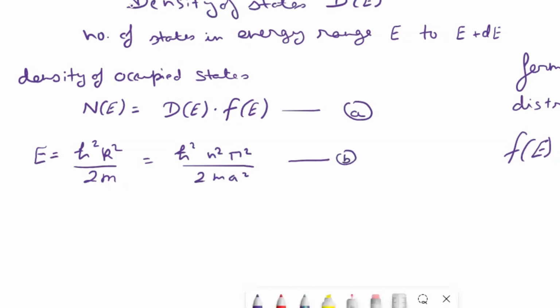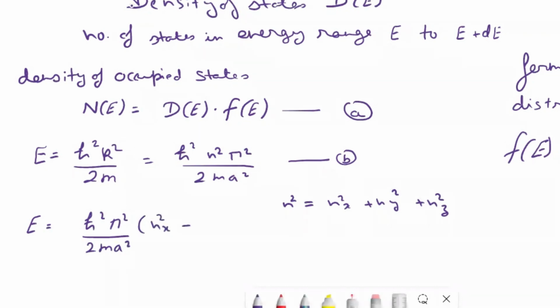Now, in 3D space, we can describe n square as equal to n of x square plus n of y square plus n of z square. If we put this in the equation, then energy E becomes h bar square pi square upon 2m a square times n of x square plus n of y square plus n of z square.